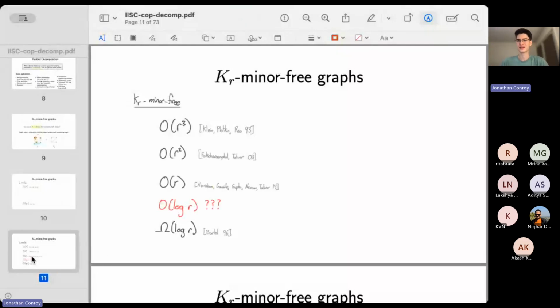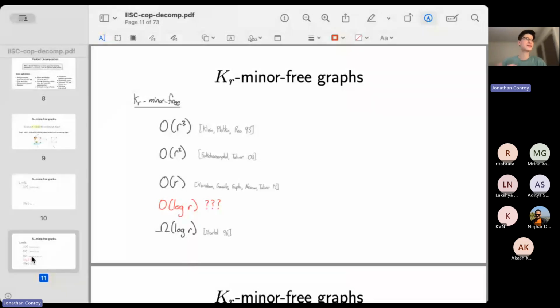First, Abraham, Gavoille, Gupta, Neiman, and Talwar were able to improve basically the KPR analysis, or something very similar to the KPR analysis, to r squared. And there's a totally different approach by Abraham, Gavoille, Gupta, Neiman, and Talwar later on that gets O of r padding. So there's still this gap.